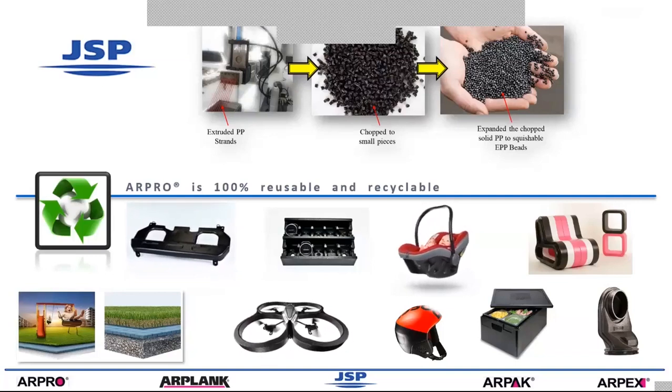As you can see, our applications are in automotive and non-automotive in a wide range. We have automotive seats. Then we have safety items like child car seats, helmets, and storage boxes for food or damage protection systems. We also have HVAC applications, and a large variety of applications in furniture, underlayment, and these days a lot of toys, like the one you can see here.